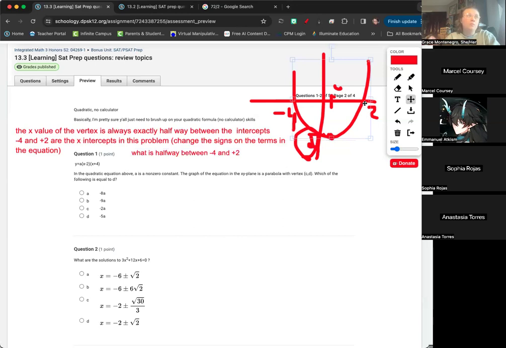So total number of steps along that way is 6. Halfway distance is half of 6, which is 3. So 3 steps away from -4 and 3 steps away from +2 is going to land us at -1. Again, my drawing is wrong, but I was drawing it without knowing anything. The x value of the vertex is -1.